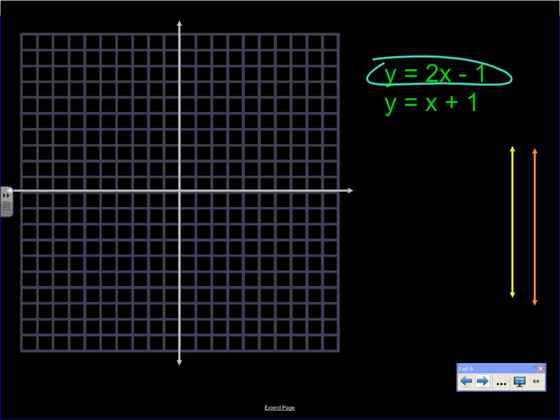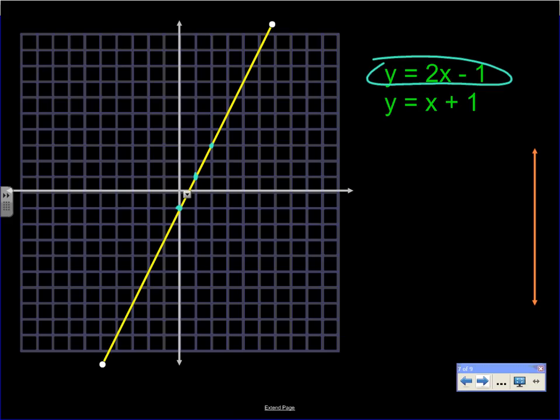We'll graph the top one here, negative 1. Slope is 2 over 1. And let me go ahead and get this line in here. And we'll extend it.